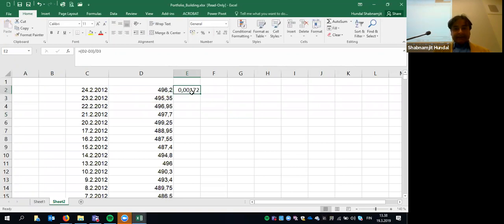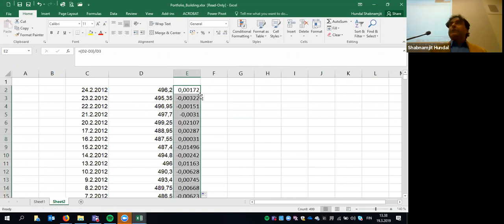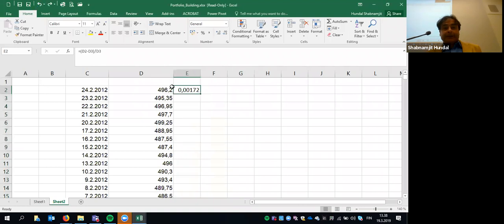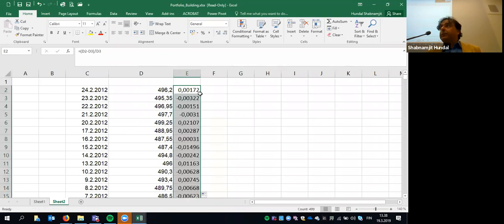And once I have this, when I see this plus sign, this goes all the way down. Or you can drag, but dragging can take some time because the data is very long. But if you do this technique, you do it for one, and you click on this plus, it goes all the way down. You don't even have to drag it.